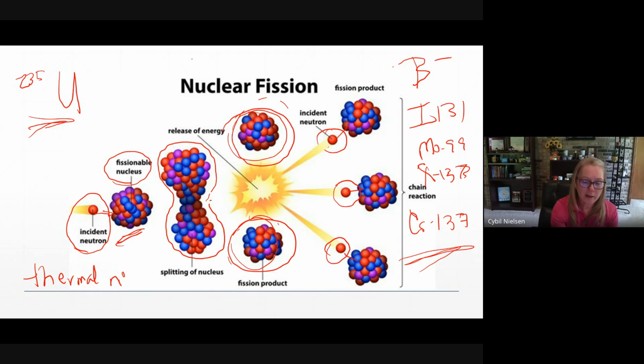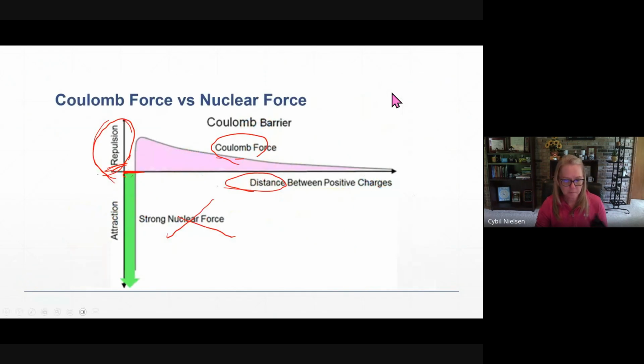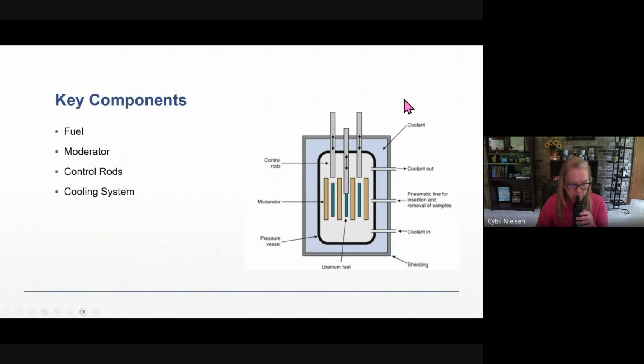Because remember, if we add a neutron, we make it neutron rich. Neutron turns into a proton. This side's neutral, this side's positive, plus a beta negative. So now a negative and a positive equal a neutral. Add a neutron, beta negative. All of these are beta negative emitters.